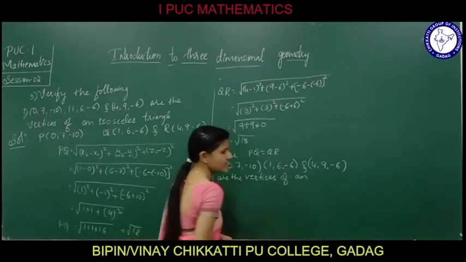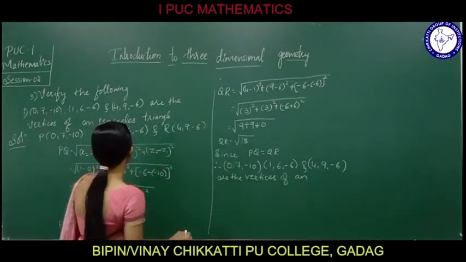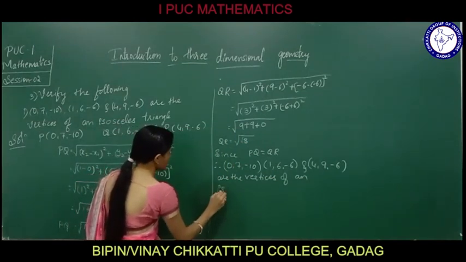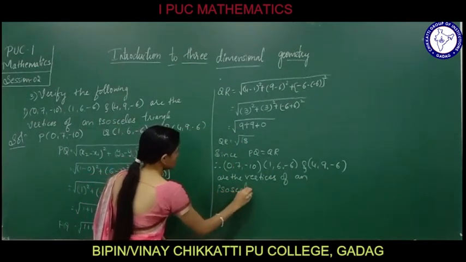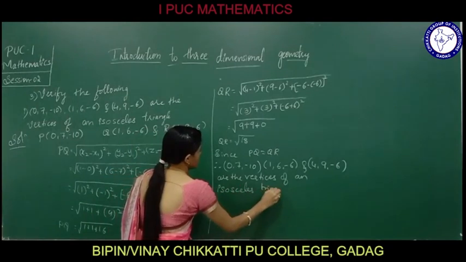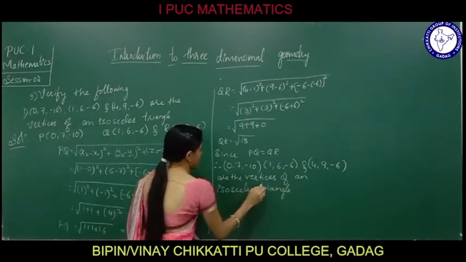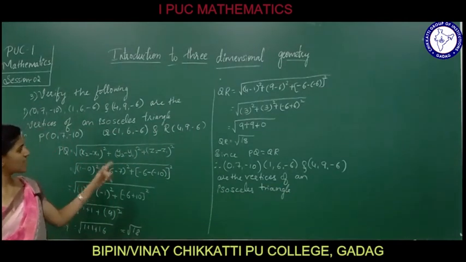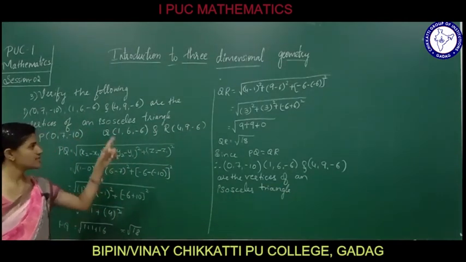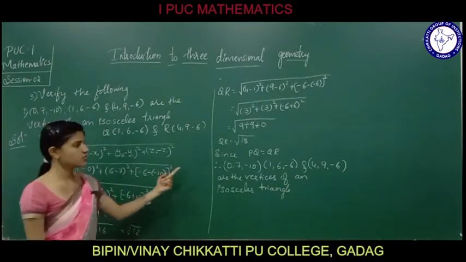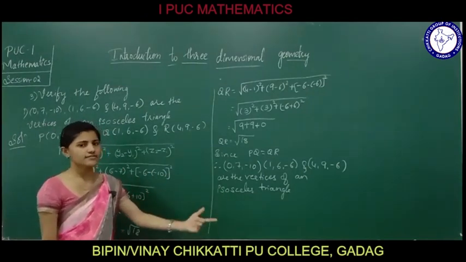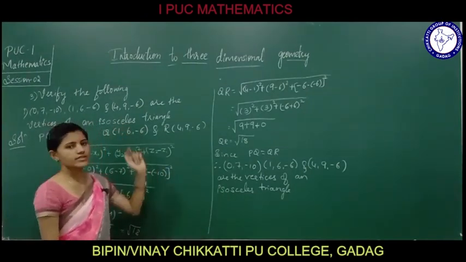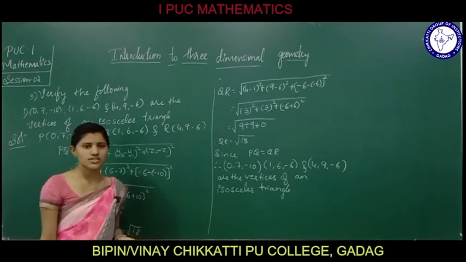If two sides are equal, it means it is an isosceles triangle. Vertices of an isosceles triangle, right? This is how we are going to find the solution. We proved that in these vertices any two sides of the triangle are equal. Hence, these are the vertices of an isosceles triangle.